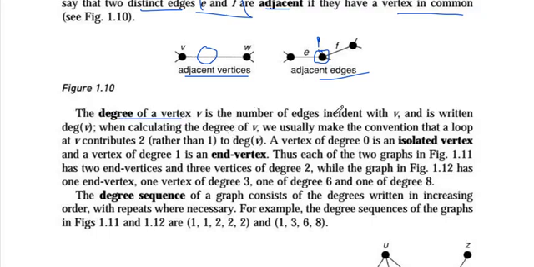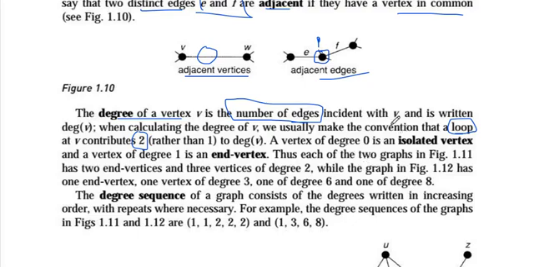The degree of a vertex is the number of edges. We have to calculate the number of edges for a particular vertex, and if it is a loop, then you have to count it as 2. So these are the two conditions. Degree of a vertex means only count the number of edges for the particular vertex, but if the vertex has a loop, then we have to add 2.